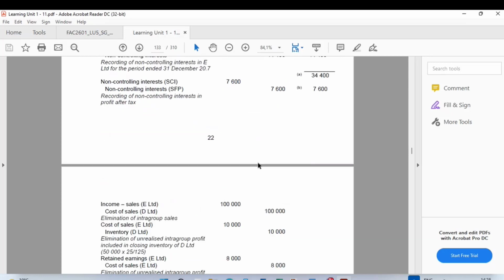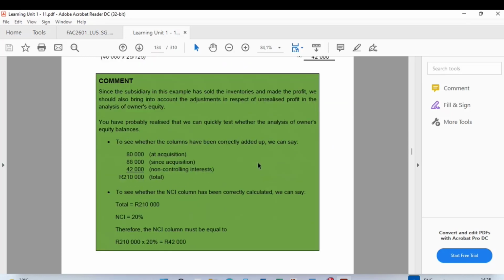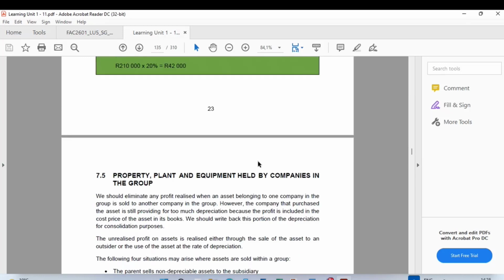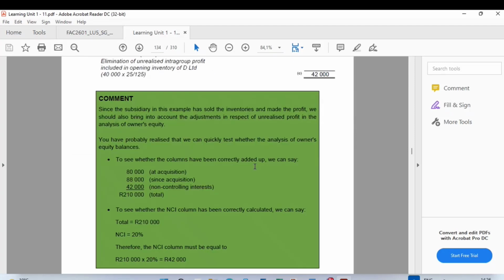Then it can only be the comments from the lecture, and then we'll be done. The comment says since the subsidiary in this example has sold the inventory and made the profit, we should also bring into account the adjustment in respect of the unrealized profit in the analysis of the owners. You have probably realized that we can quickly test whether the analysis of owners' equity balances. So it's at acquisition plus since acquisition plus non-controlling, it gives us 210.